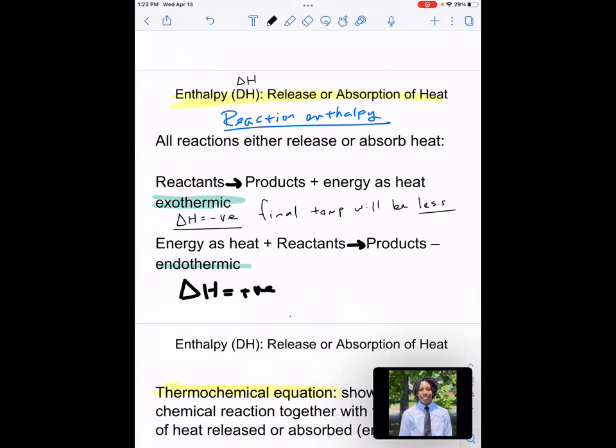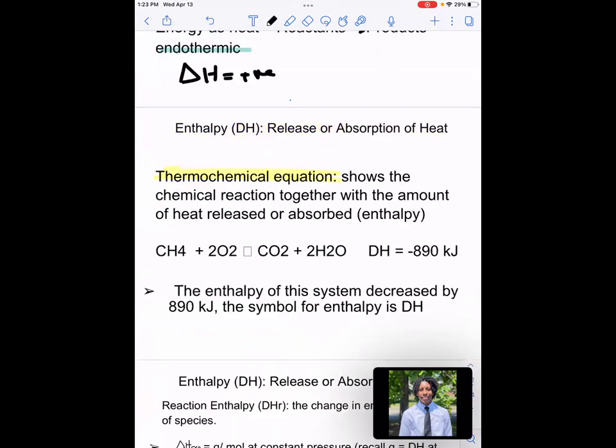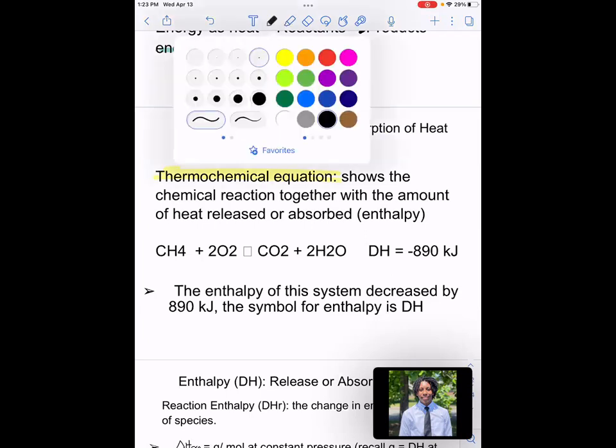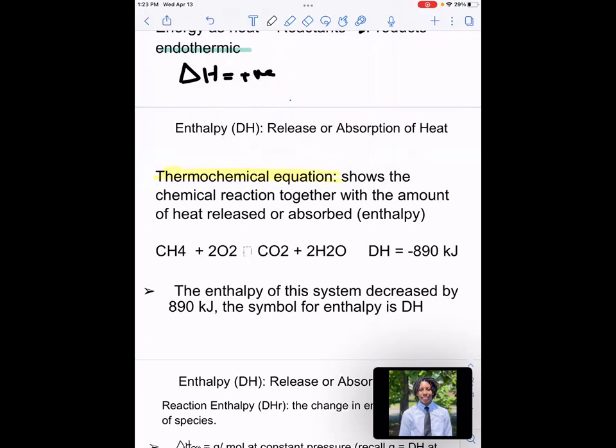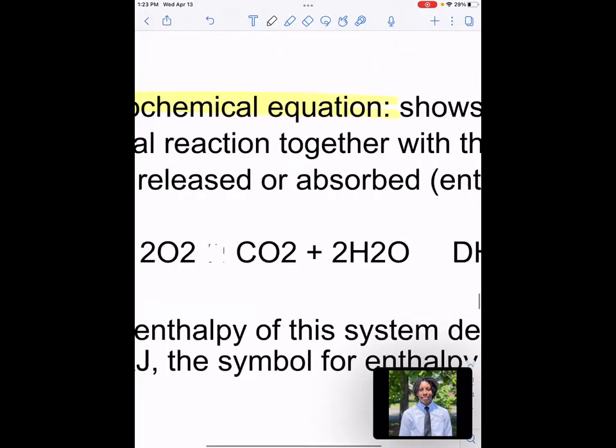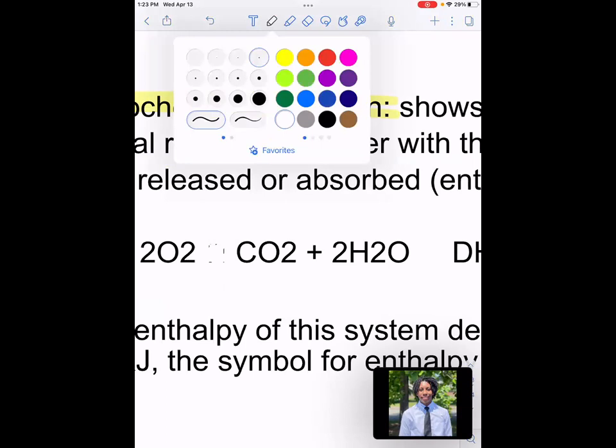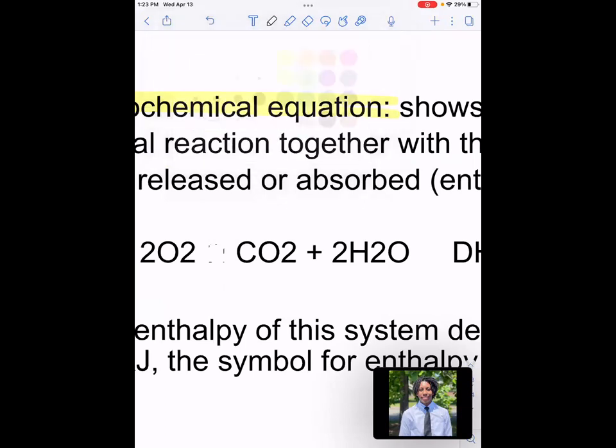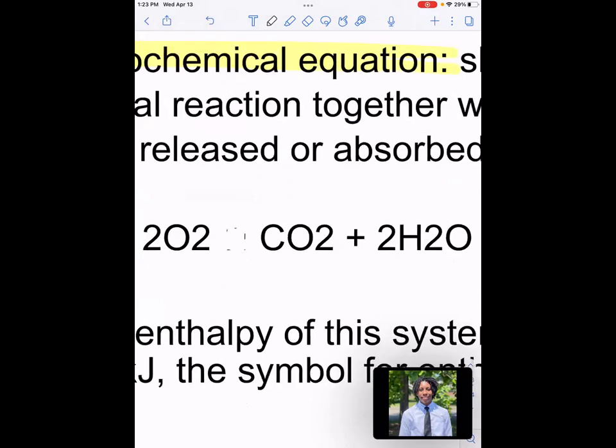We also talked about this the other day when we were writing thermochemical equations and how to balance them. In writing this thermochemical equation, the only thing we do is include the enthalpy calculation with the equation to show how much heat was either lost or gained.